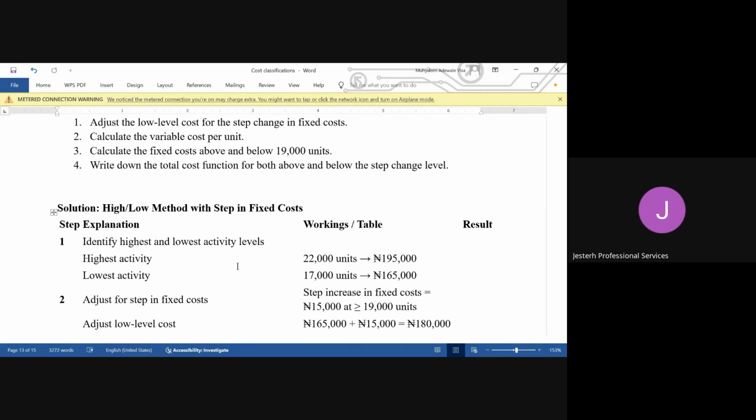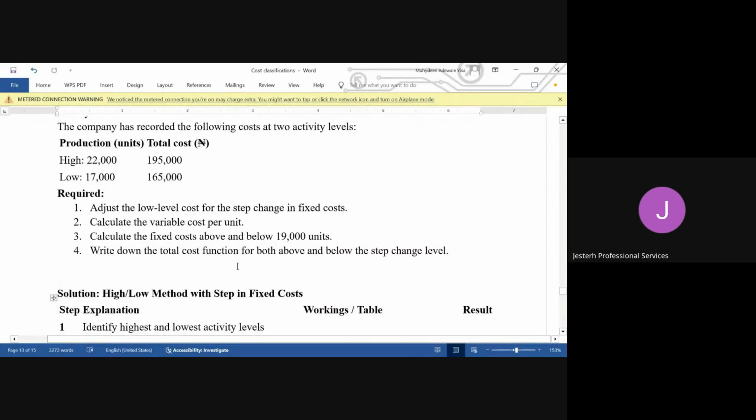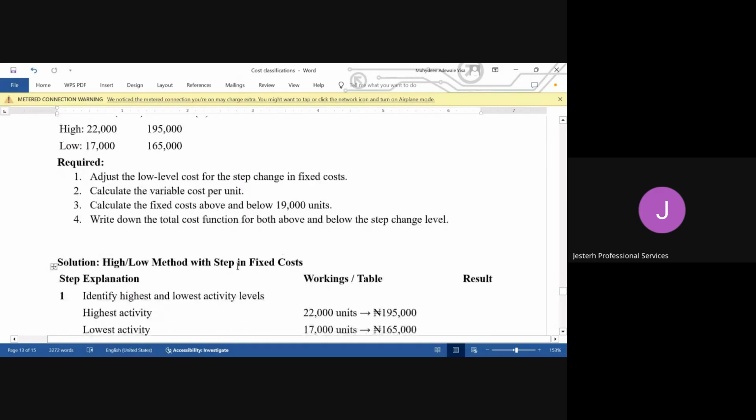Now, on this requirement, they say we should adjust the lower level costs for the step change in the fixed costs. They say the fixed cost is going to be increased by 15,000. We have not determined the fixed cost yet. They only give us the total costs.